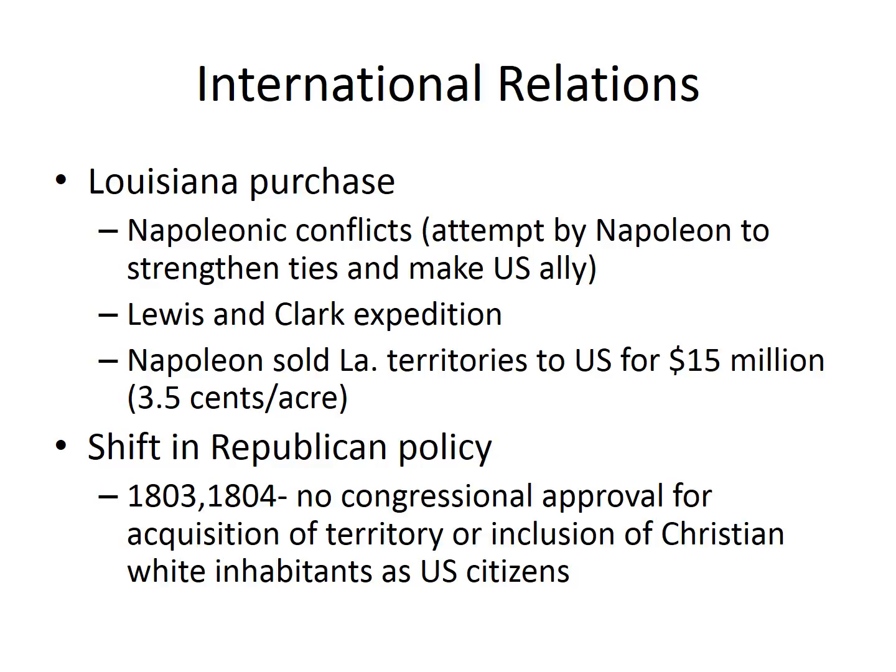And furthermore, what he's going to do is, again through executive order, make it so that all Christian white males living in the Louisiana Territory are automatically U.S. citizens. Okay? Now that too is problematic. That requires congressional approval.